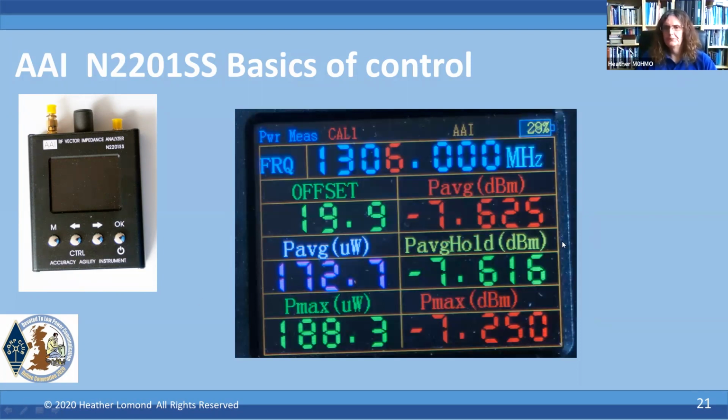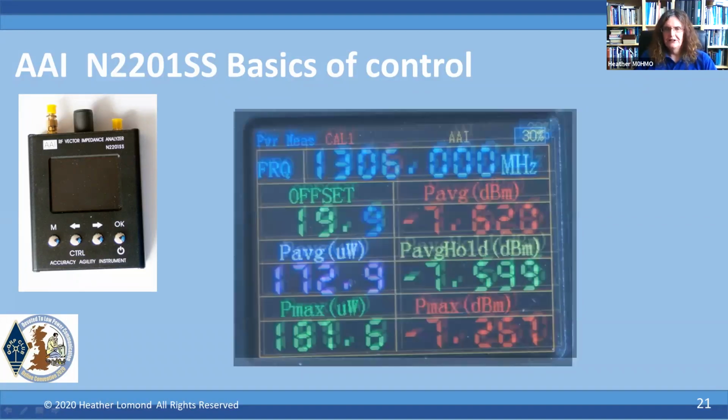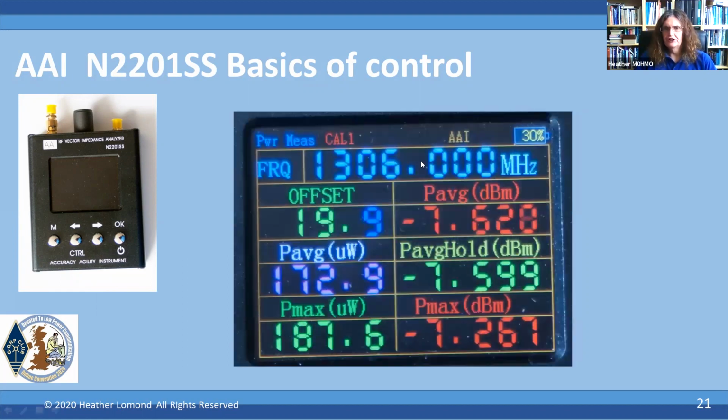So I can see some stuff about the power measurements, the offsets, and so on in the antenna. Obviously, these are all pretty meaningless given that there isn't an antenna. And just to be difficult, if I press OK on this screen, rather than editing the frequency, it goes over to editing this offset number. And it does it in blue, just to be difficult.